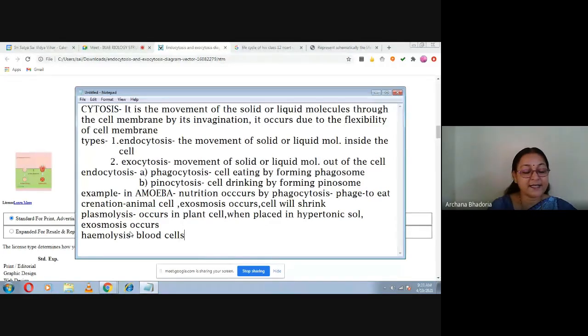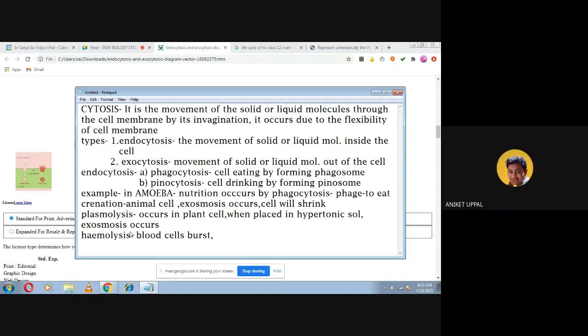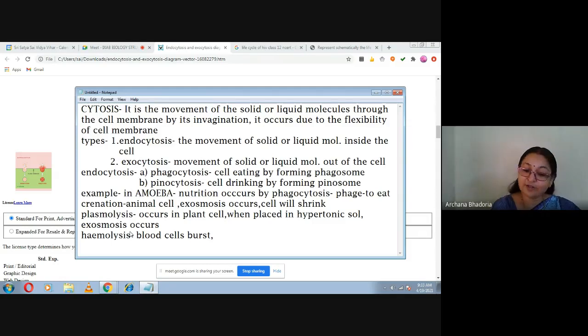So when will the lysis of blood cells happen? When will blood cells break, when will they burst? Tell me. When an animal cell is put in hypotonic solution. Very good.